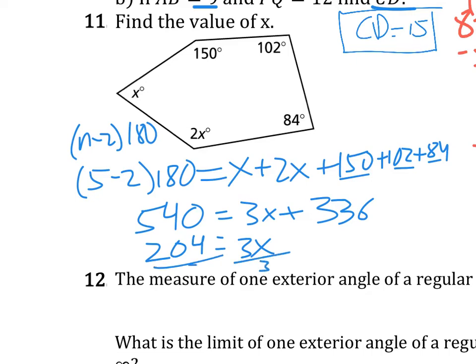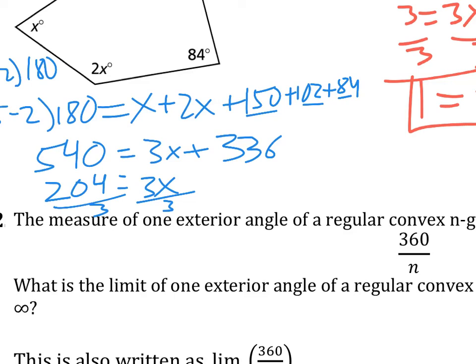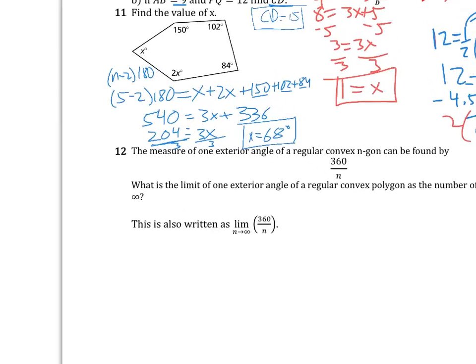And if we divide by 3, well, 3 times 60 is 180. And this is like 180 and 24, so I think we're looking at 68 degrees. Okay? That's the idea.